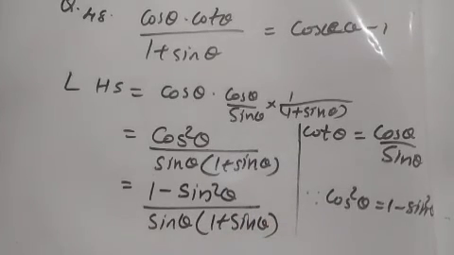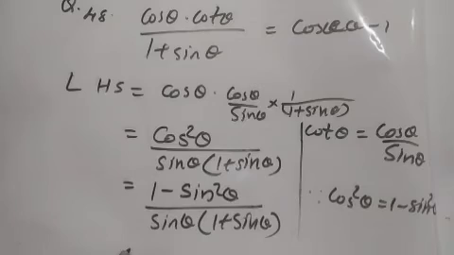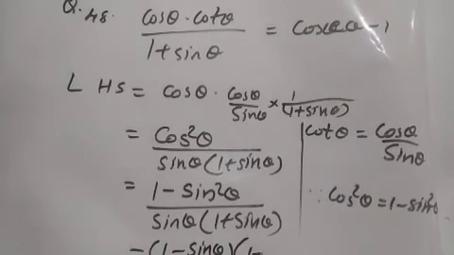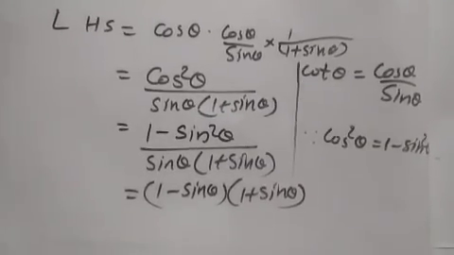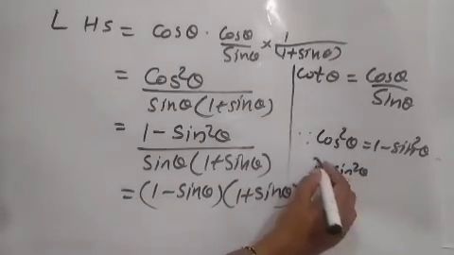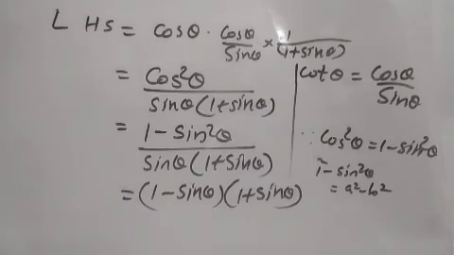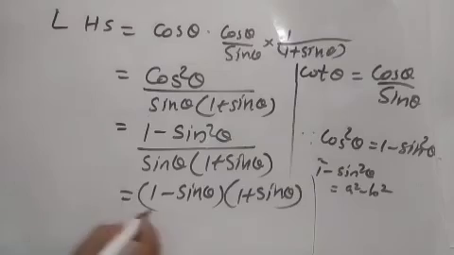And 1 minus sin square theta is of the form a square minus b square, no? So we can write it as a plus b into a minus b. That is 1 minus sin theta into 1 plus sin theta. Why do we write like that? Yes, 1 minus sin square theta is of the form a square minus b square, so we can simplify this as a plus b into a minus b.